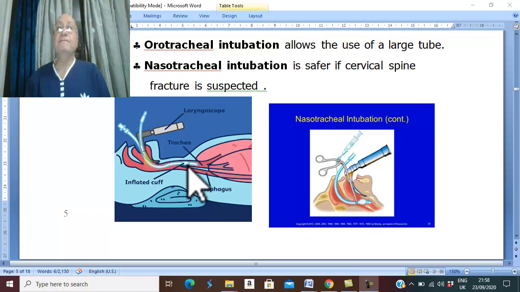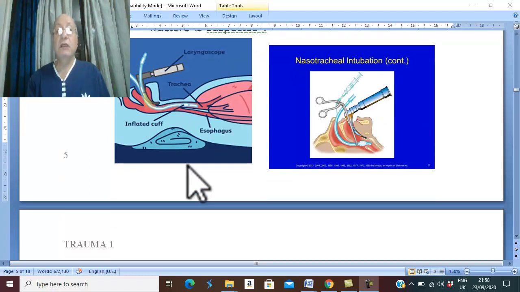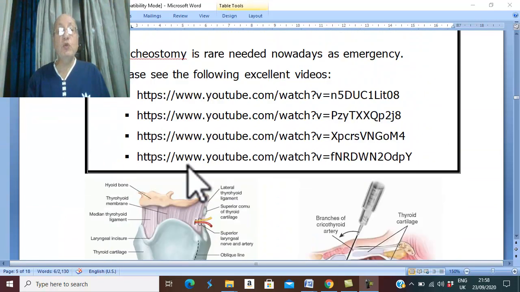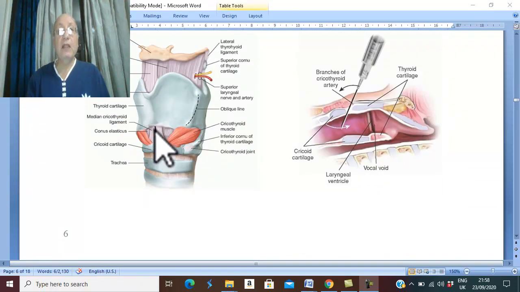During emergency we can also try cricothyroidotomy. What is cricothyroidotomy? This is the thyroid cartilage, the Adam's apple. Below the thyroid cartilage there is the cricoid cartilage, and between the cricoid and thyroid cartilage there is a membrane called the cricothyroid membrane.